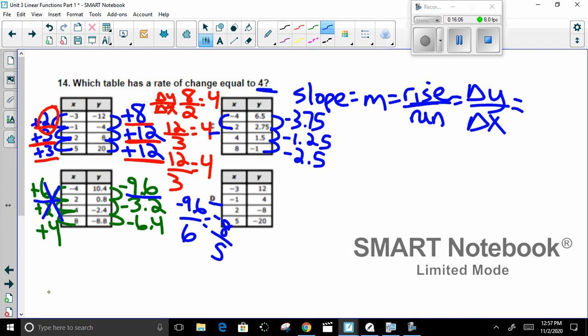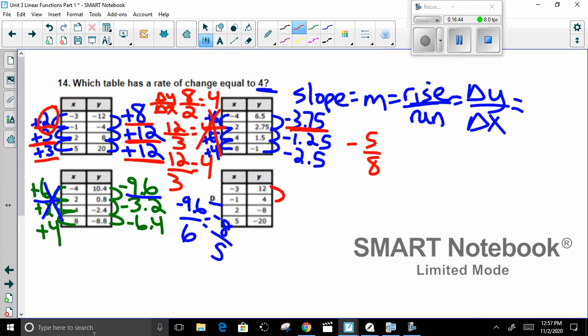My change in x, negative 4 to 2, I'm adding 6. 2 to 4, I'm adding 2. 4 to 8, I'm adding 4. So check every change in y over change in x. So negative 3.75 divided by 6 is negative 5 over 8. That's not the same as 4, so cross that one off.